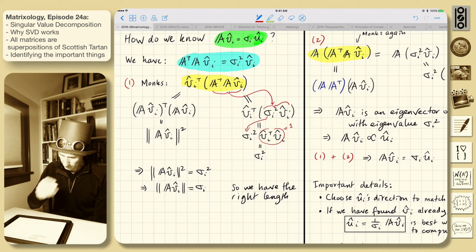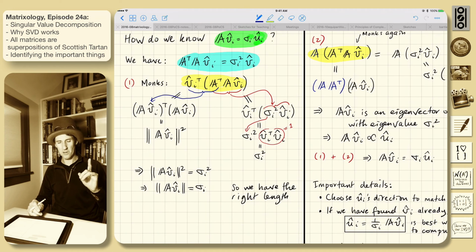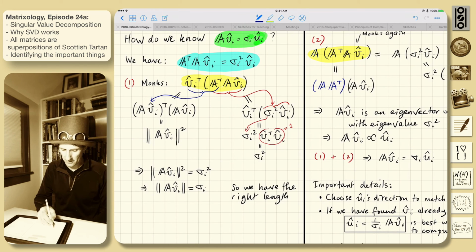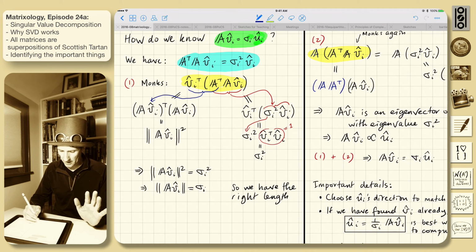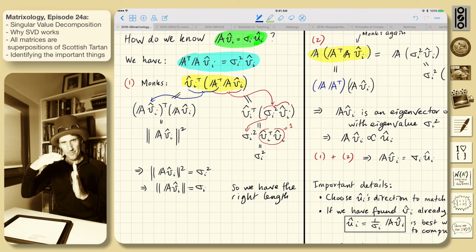But if we play around with this in a different way and we break this piece off and then rewrite it, so it's VI transpose A transpose, we rearrange it, make it A VI transpose. Then we have a similar thing to what we just had on the previous page, which is blob transpose blob.